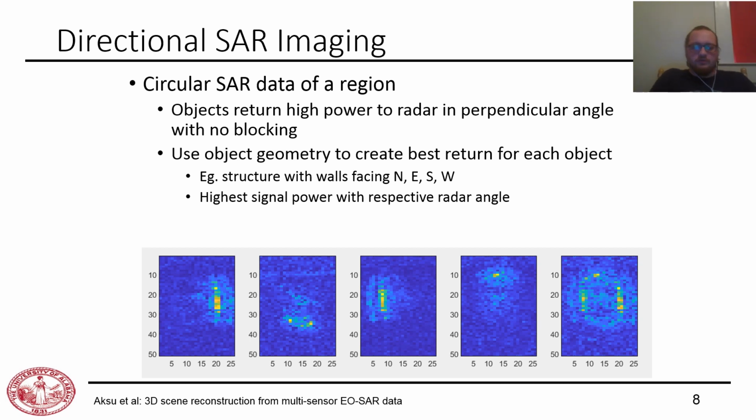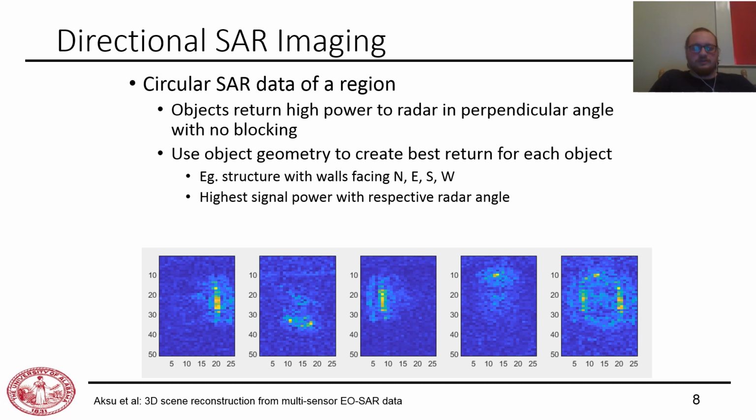The image below shows a car SAR image for different angles from Gotcha data. The first image shows the radar returns when we only look at returns from the east of the vehicle. Then the south of the vehicle, the west of the vehicle, and the north of the vehicle.